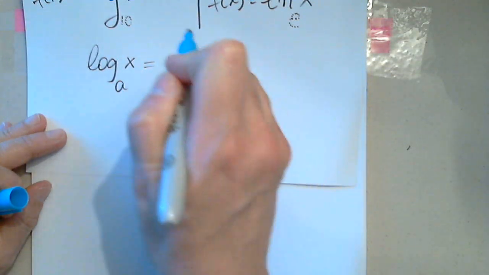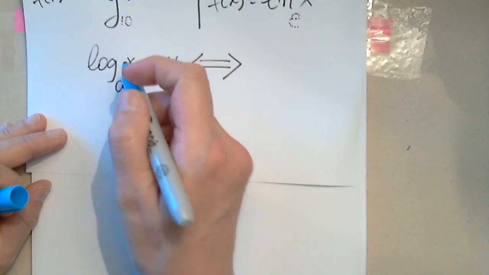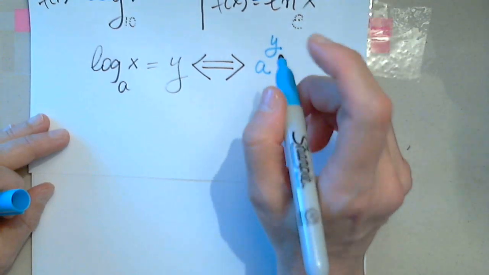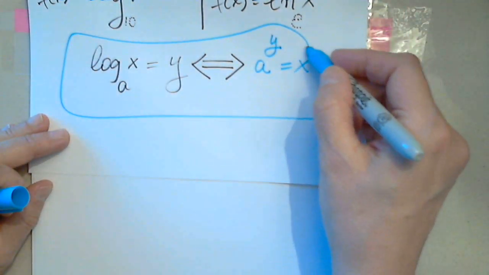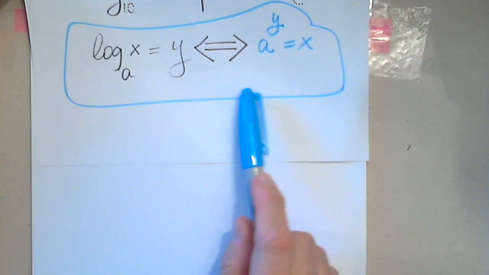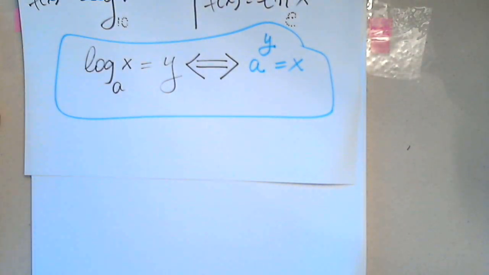From the base counterclockwise: a raised to y equals x. a raised to y, not multiplied, but raised to, equals x. Understanding this relationship between these two will open all the doors in this chapter. We'll have no difficulties in this chapter.